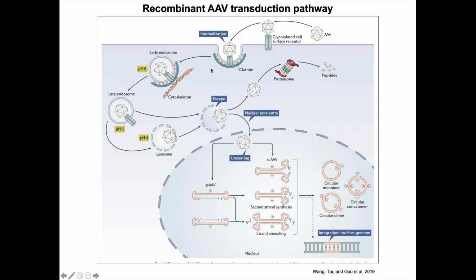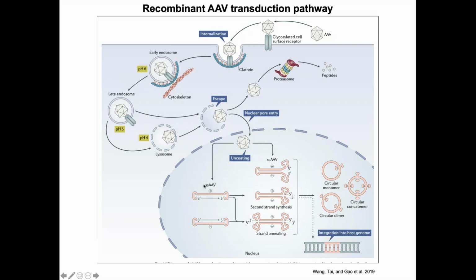They are then internalized through clathrin-mediated endocytosis, and then they can traffic through the cell through endosome vesicles, as well as end up in lysosomes. During this drastic drop in pH, there's a conformational change in the capsid that allows it to escape late endosomes or lysosomes. And upon its escape, it can then shuttle into the nucleus where it uncoats.